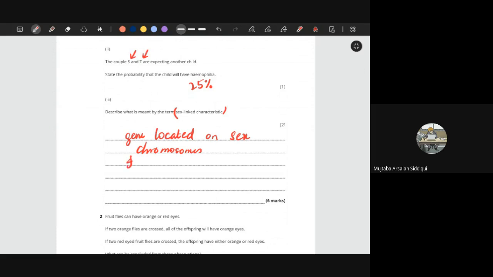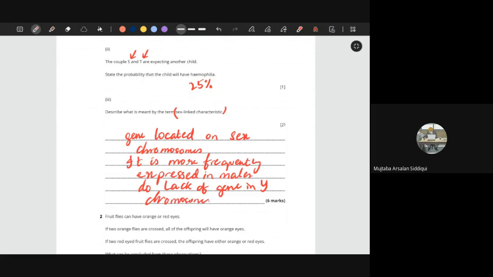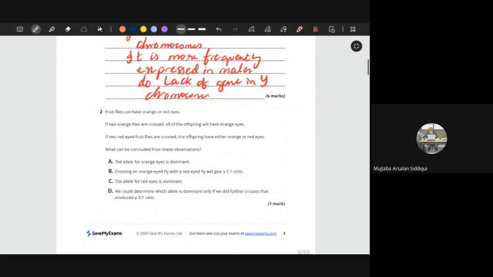It is more frequently expressed in males due to the absence of a gene on the Y chromosome, or you could say a better word would be lack of gene in Y chromosome. Okay.